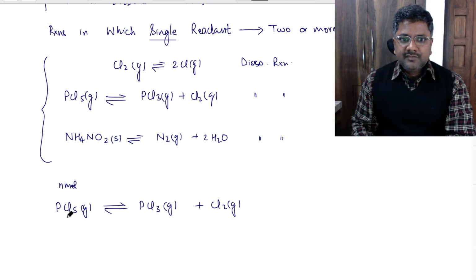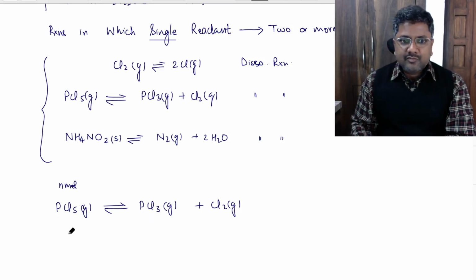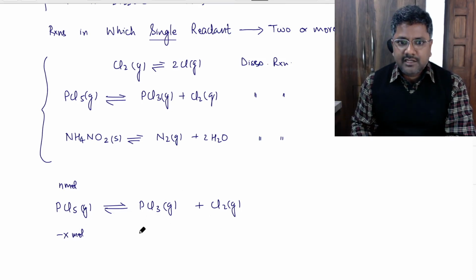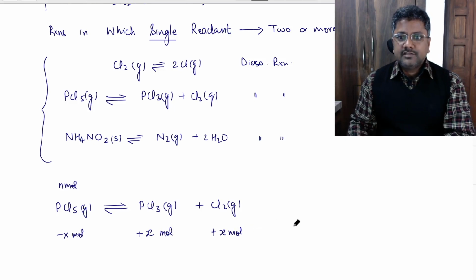At equilibrium, suppose that minus x moles of this PCl5 are dissociated into PCl3. So this is plus x moles, and this is also plus x moles, right?